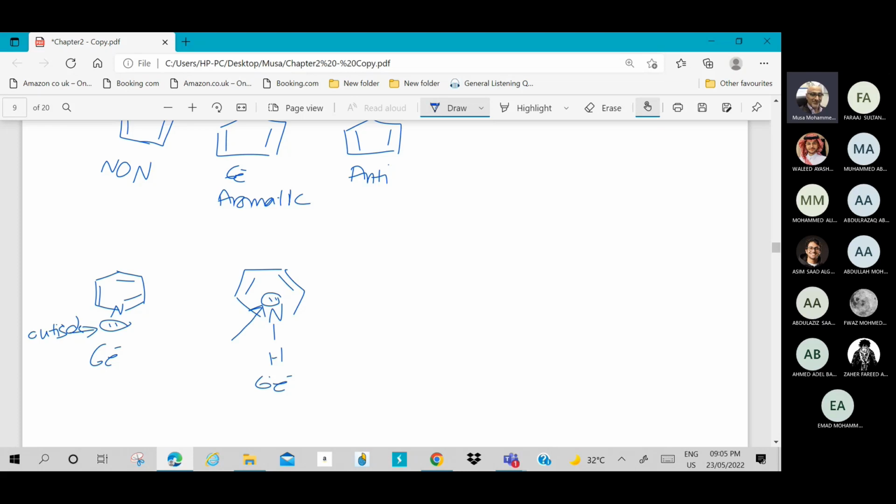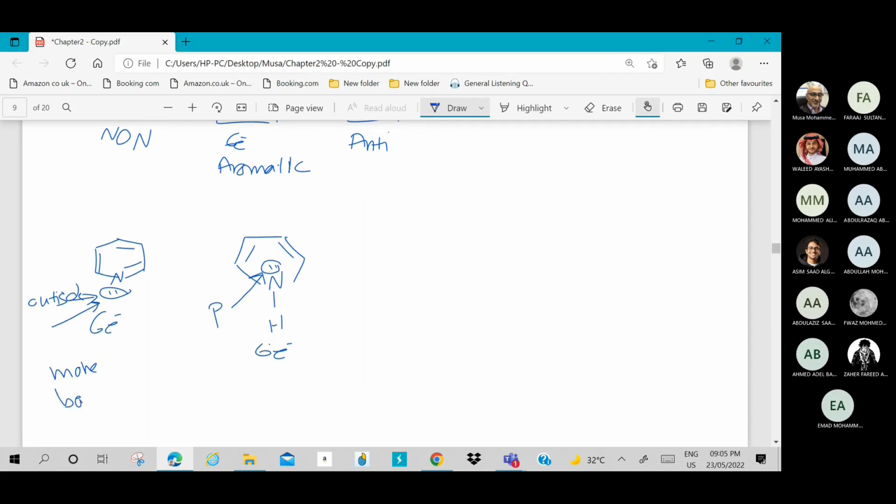The hybridization here for this one is filling a p orbital, and this lone pair is sp2. This one is filling the p orbital because this lone pair is included in the aromatic system, and this makes this pyridine more basic than this one, because the lone pair of this one is involved in aromaticity.